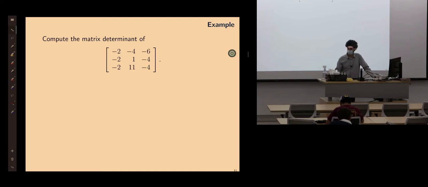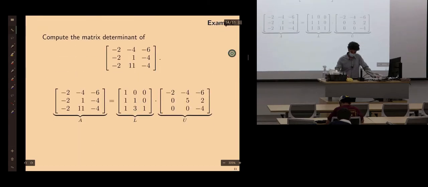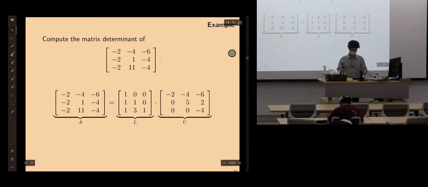I have no idea what its determinant is. I am going to factorize it into L and U. Now, I'm not doing it using permutation because actually, if I just do the simplified version of LU, it works. So I get L and U. Let's say this is our hand calculation.